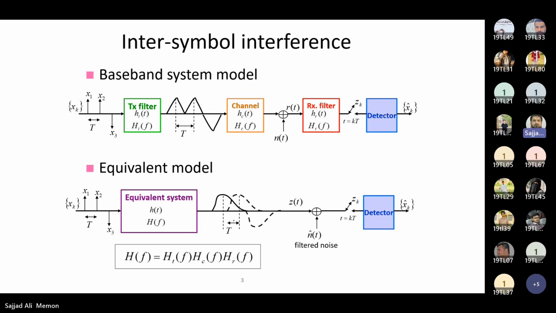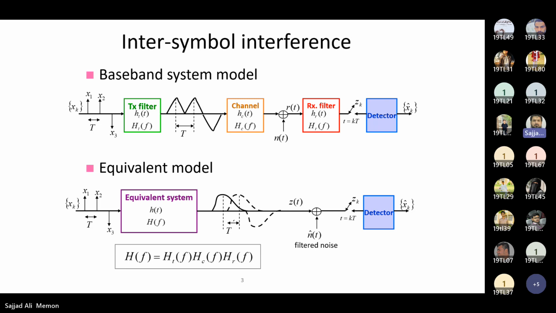Then we have the receive filter, and after that the detector, which will take one symbol at a time and decide, based on some hypothesis, whether it is S1 or S2, whether it is high or low.